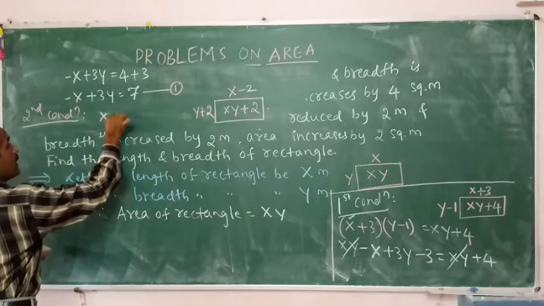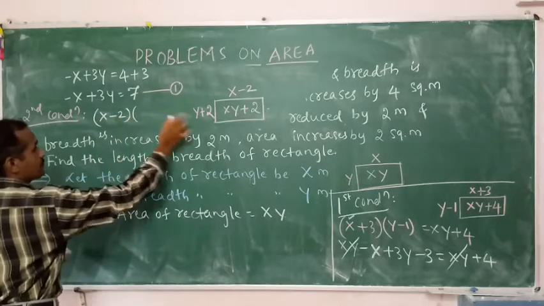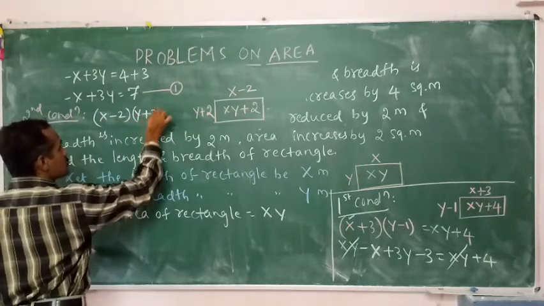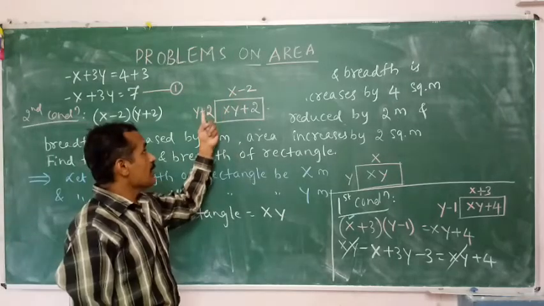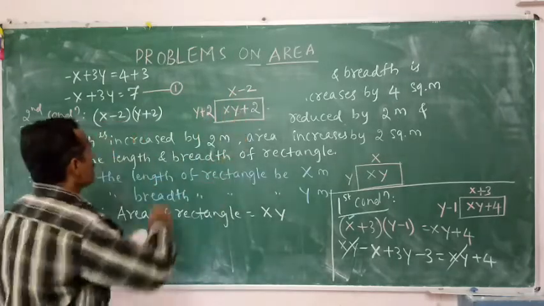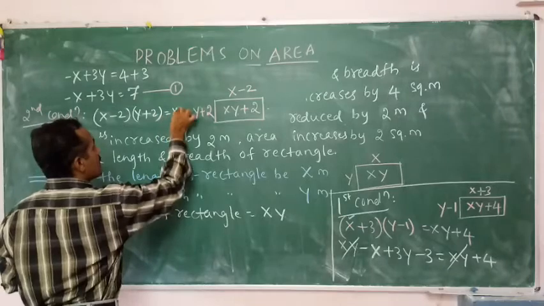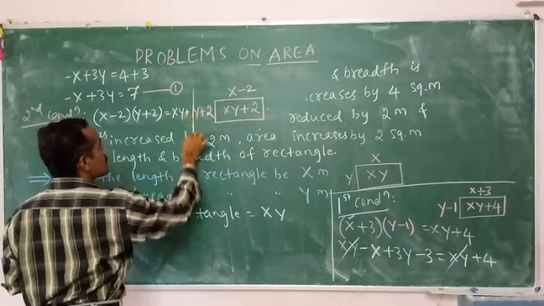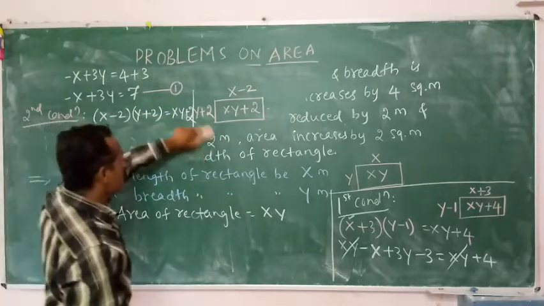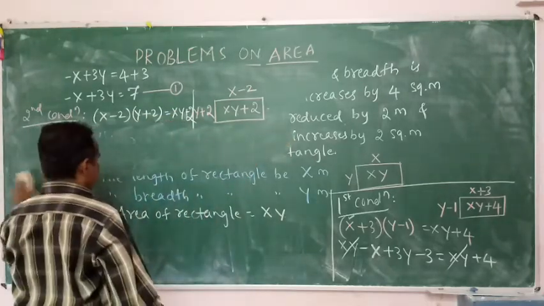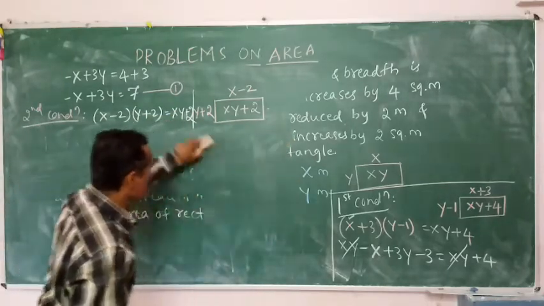Second condition: x minus 2 into y plus 2. Why am I multiplying? Length into breadth is equal to area, which is equal to xy plus 2. Now this is not required for me, and let me solve it down.